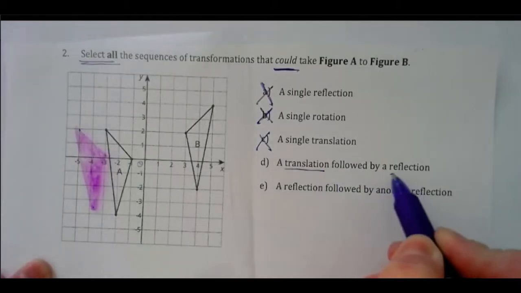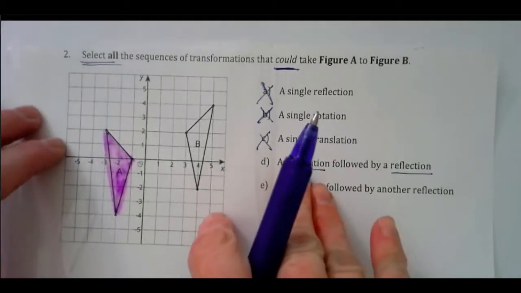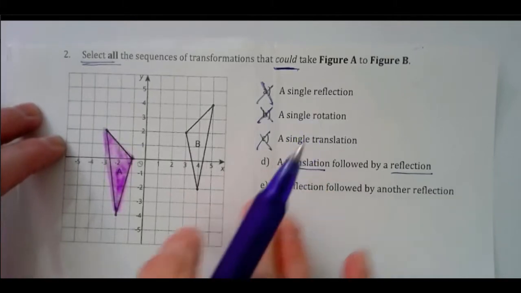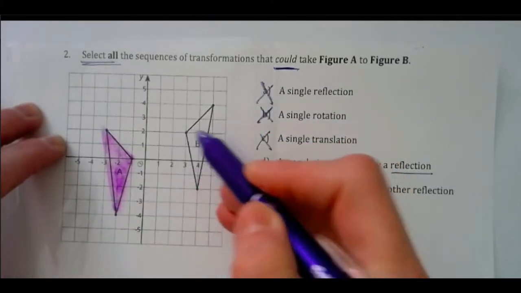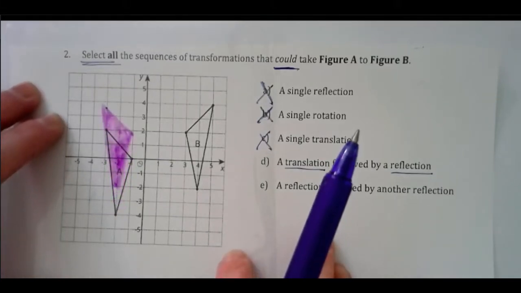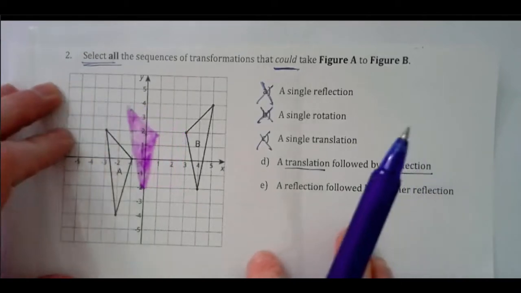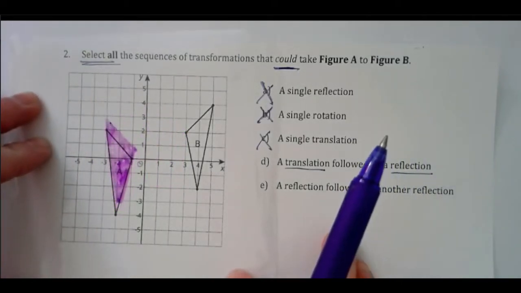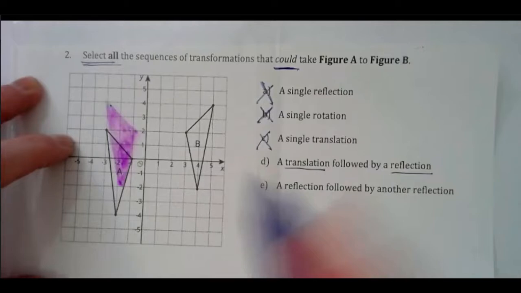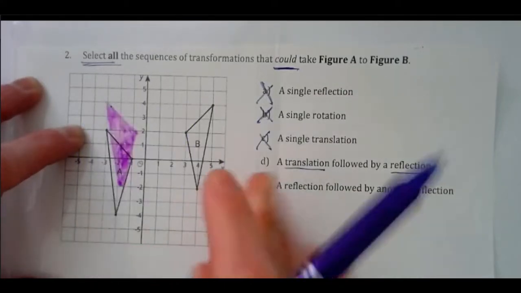Translation followed by a reflection. So can I slide this somewhere to line up my shape so that I could reflect it to become B? Well, I could slide up and over. So if you see me slide up 1, 2, my top pieces line up.